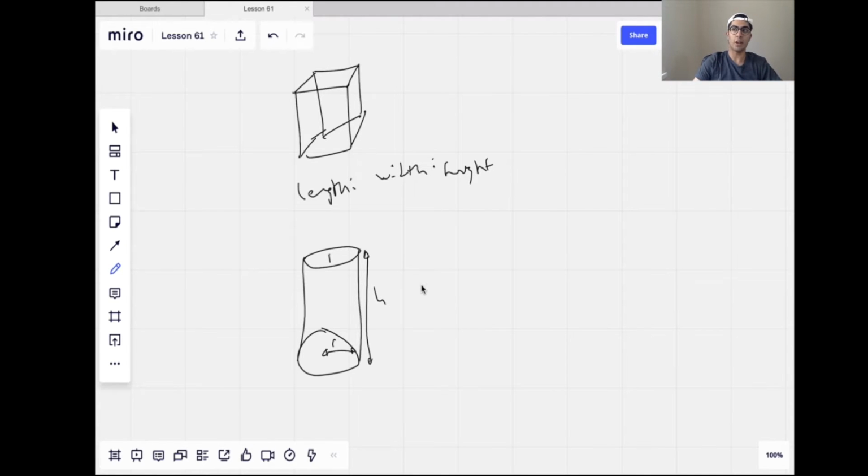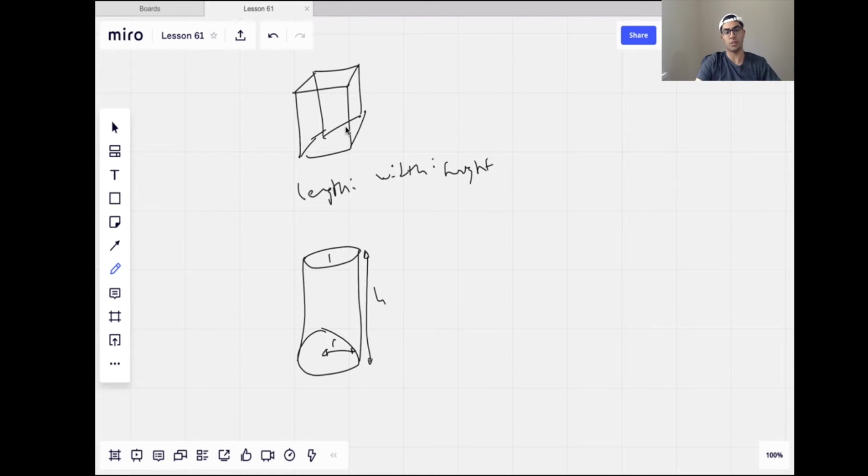So you think of the important lengths of an object. If it's a 3D object, you think of what lengths you measure. For a cylinder, you measure the radius and the height, and that's all you need to know what the cylinder looks like. Whereas with a cuboid, you need to know length, width, and height.